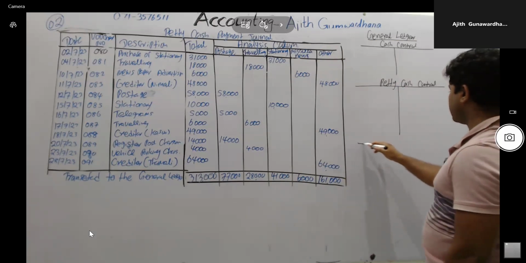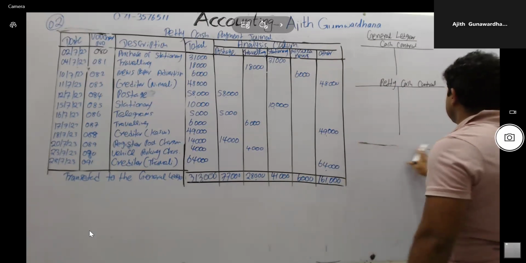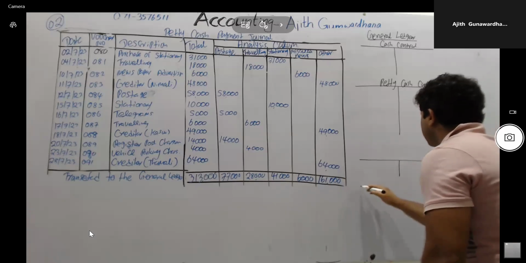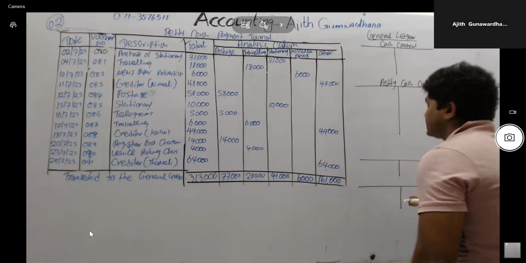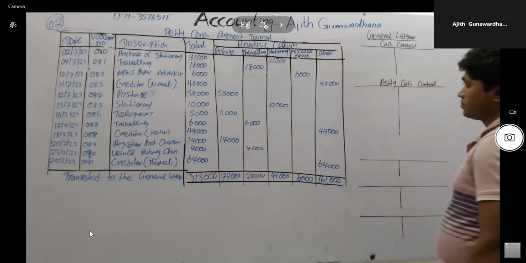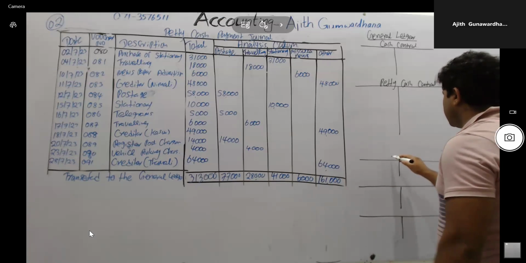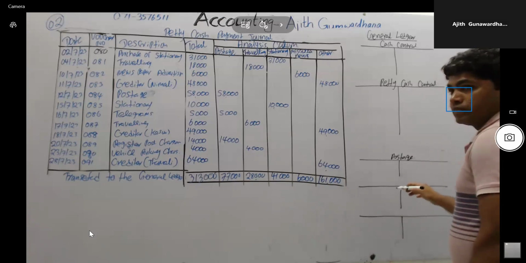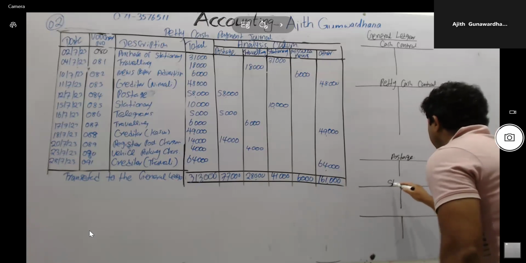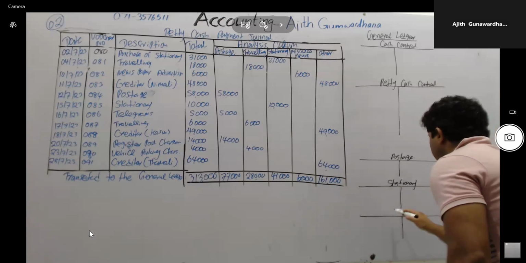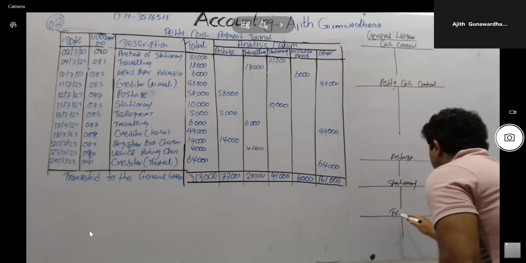Therefore, separate ledger accounts: postage, as well as stationery and travel in. This one postage, stationery, and travel in.